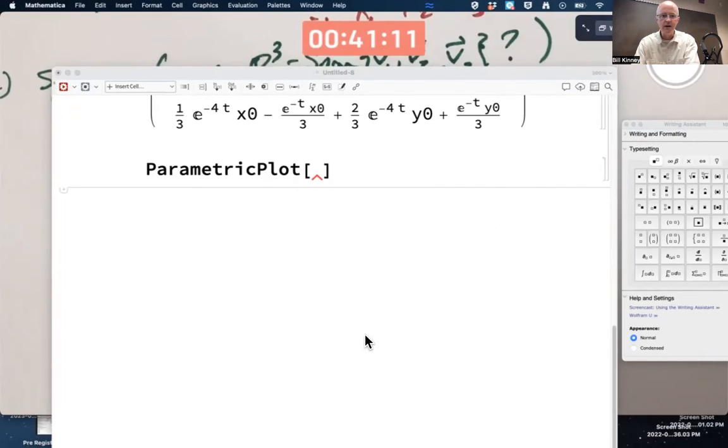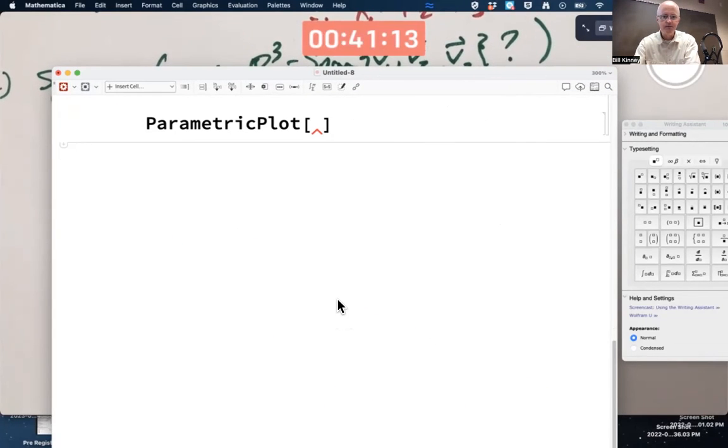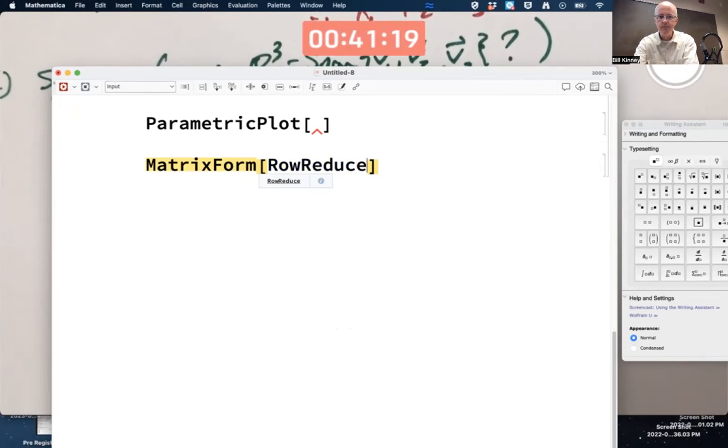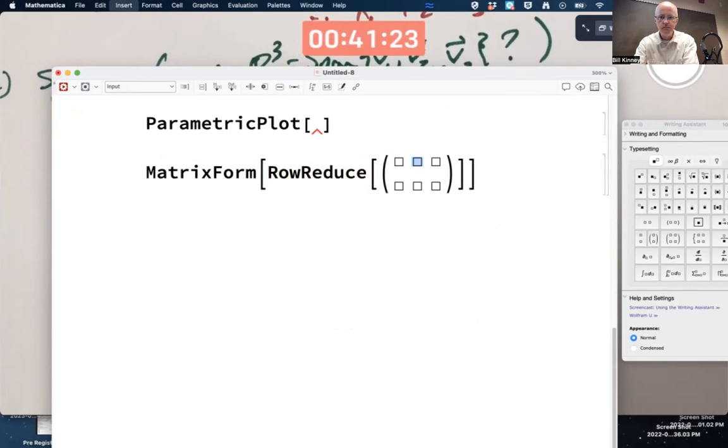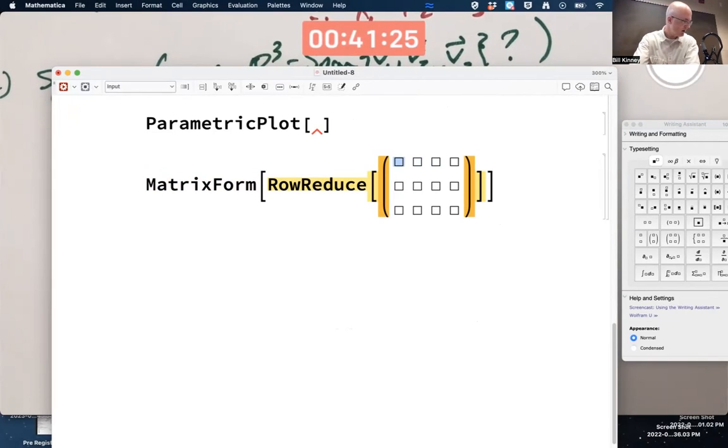So here you really do want an augmented matrix. It's fine if you use your calculator. So the coefficient matrix is in the first three columns.